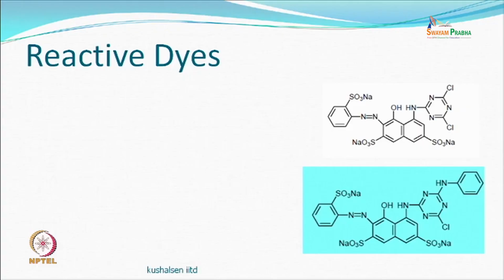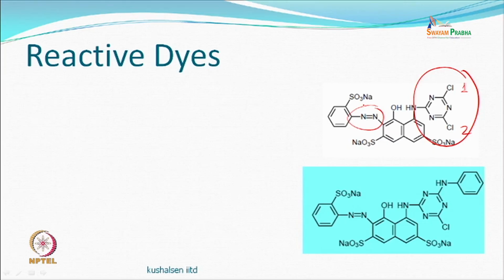So reactive dyes we did talk about. So we said this is one reactive group where you have 2 chlorine, and so this is called the dichlorotriazine type of reactive dye, but the chromophore is somewhere here, right?